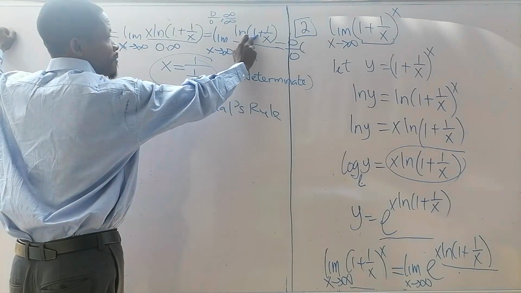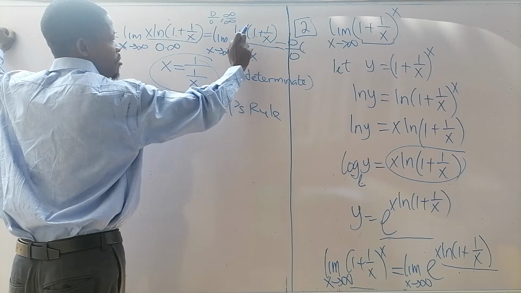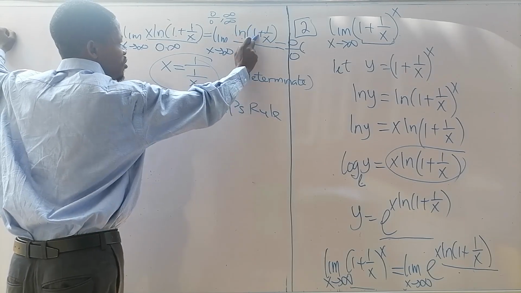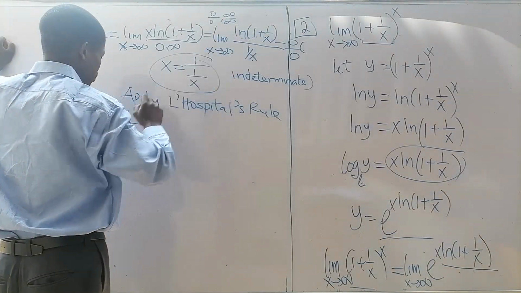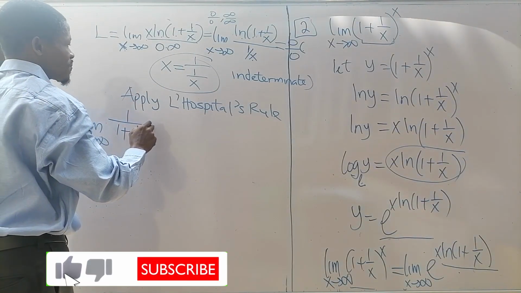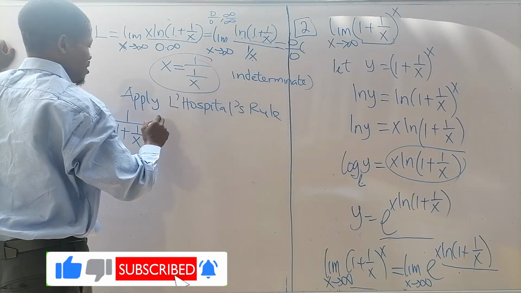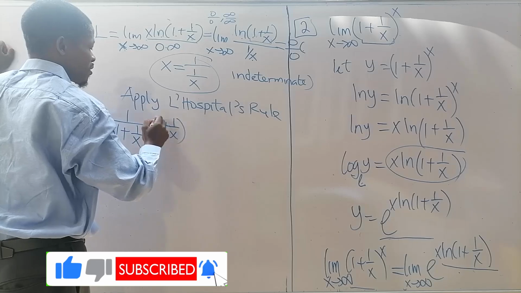So we're going to have the limit as x tends to infinity. Differentiate the numerator and differentiate the denominator, that's what L'Hopital's rule is saying. So this one is going to be 1 over the function, 1 plus this, and then times the derivative of the composite function, that is, the derivative of the inner function.